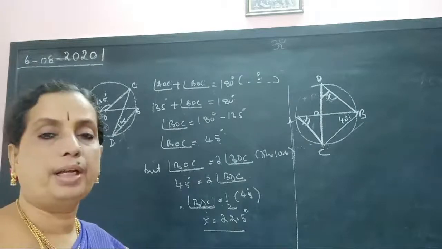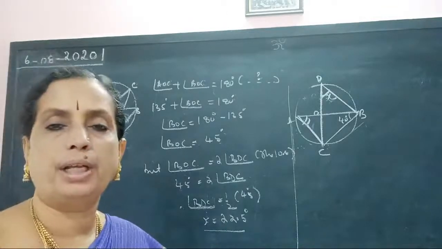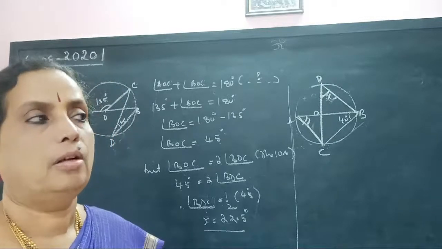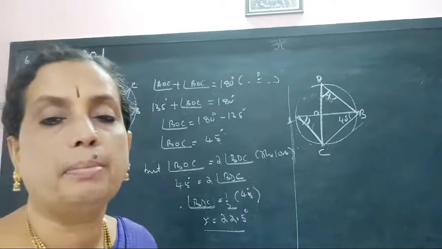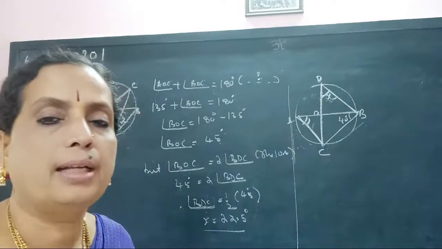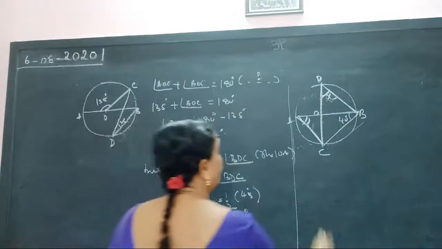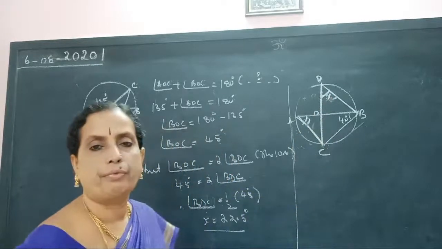CAB is 50 degree, so I am telling that CDB is also 50 degree. No, they are not the radii. Come on, give me the answer. CAB equals CDB. Very good. Angles in the same segment. Grishma, you are right. Therefore, when it is 50 degree, the value of x is also 50 degree.